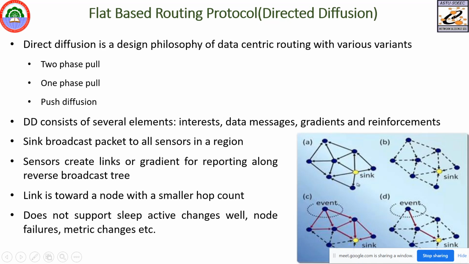This event is transmitted to the sink node. Once it reaches back to the sink node, it will check which path has the fewer hop count. Here, the red colored path will be chosen for the transmission, as it has only one hop count. The hop count is 1 for this path, so it will be chosen for that transmission.